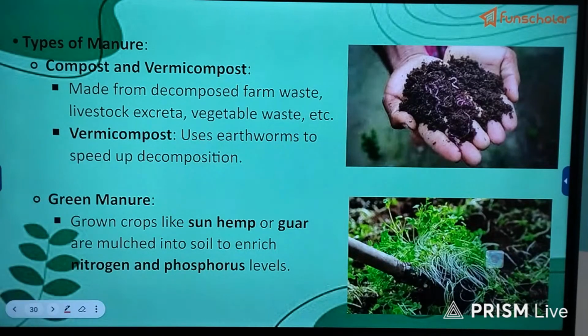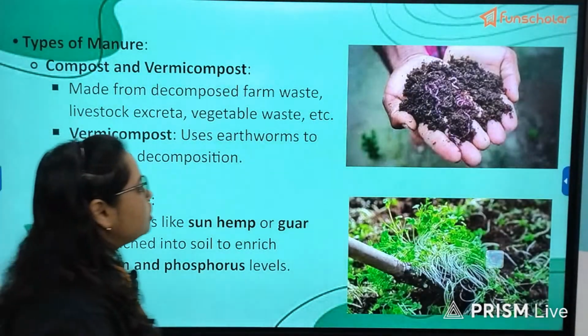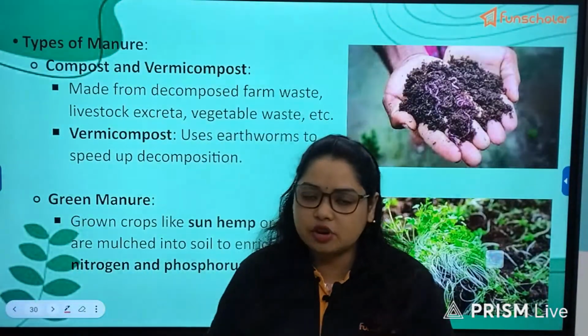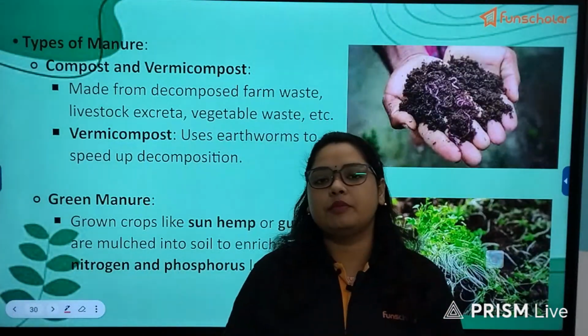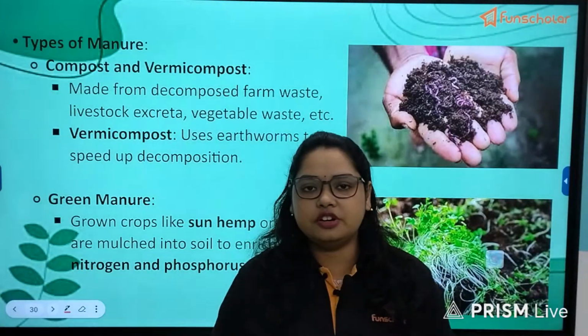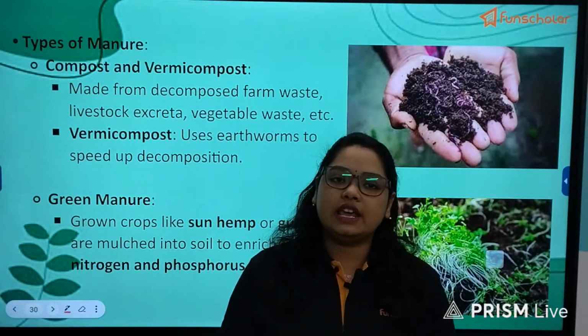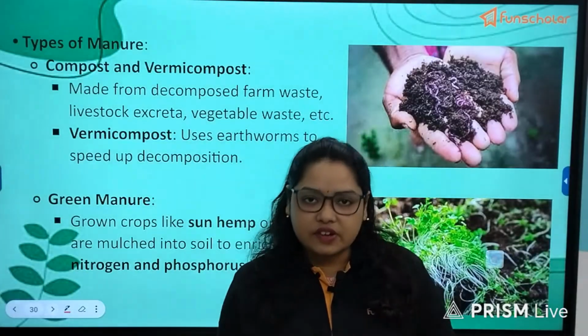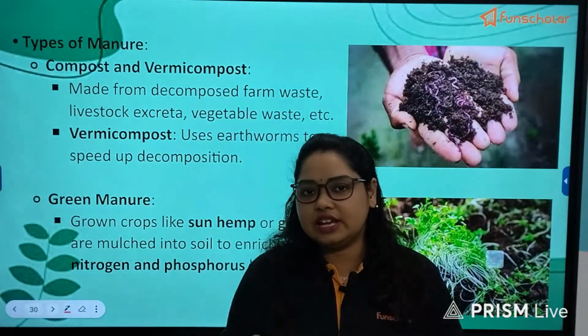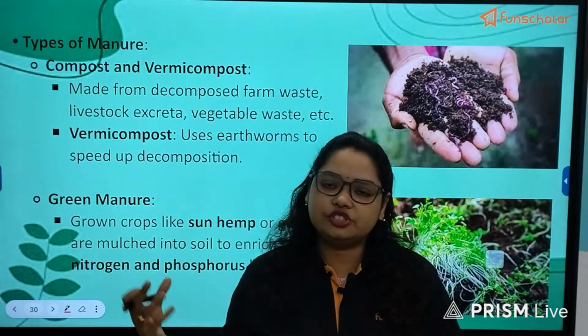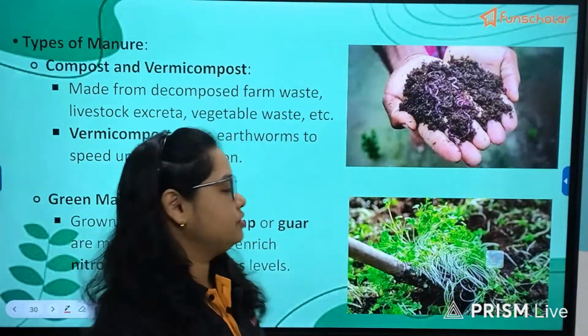And vermicompost means the same thing, but here we use earthworms. The earthworms not only speed up the process of decomposition, but make the manure all the more nutrient rich, because when they eat up the soil and excrete it, that soil is rich in the nutrients obtained from their gut.